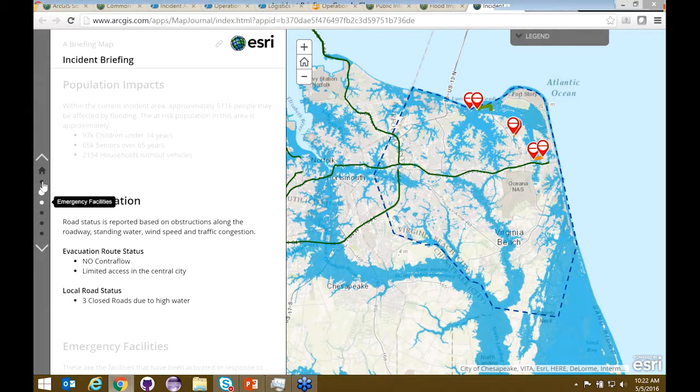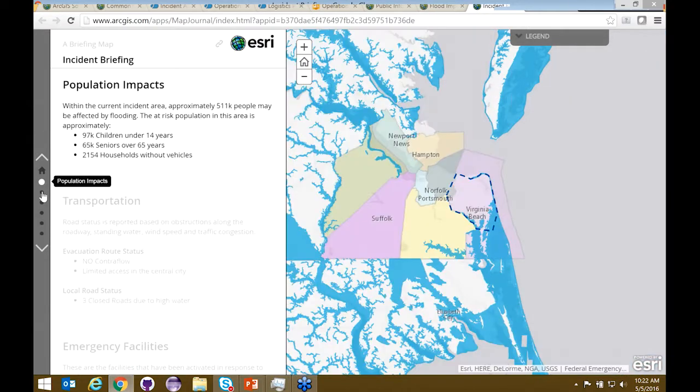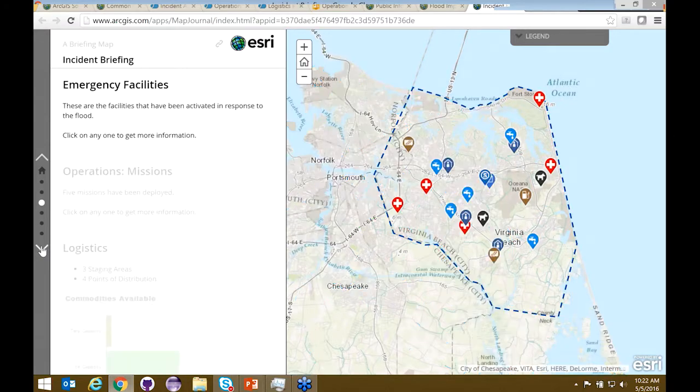So it gives you an interactive briefing tool. So this time we can look at the population impacts, same 97,000 children again in that area, 65,000 seniors. What does the transportation look like? How many roads are closed? What's the status of those road closures? What's the status of the evacuation routes? How many emergency facilities have been activated in response to the flood?